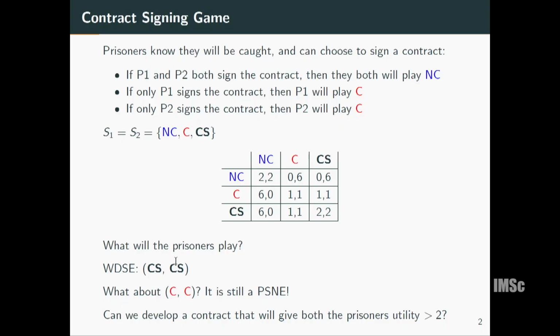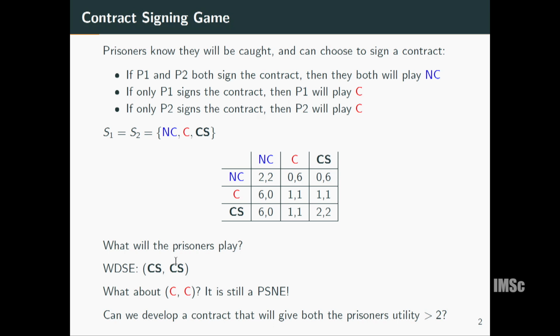If one of them derives a utility better than 2 and the other less than 2, there will be something wrong because this is a symmetric game. So, does there exist a contract?